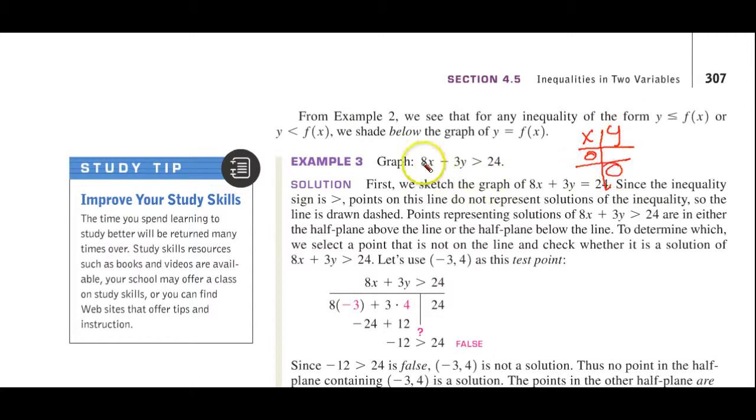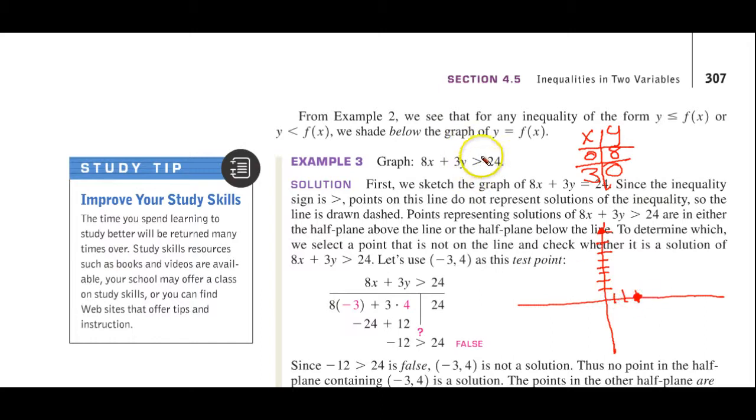If x is 0, y is going to be 8. If y is 0, x is going to be 3. So when we make our graph, we're going to plot 0, 8 right there, and 3, 0.